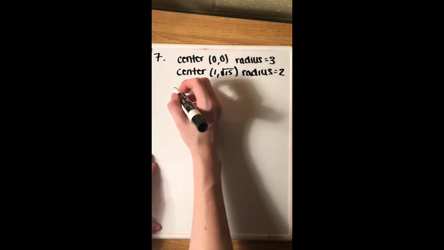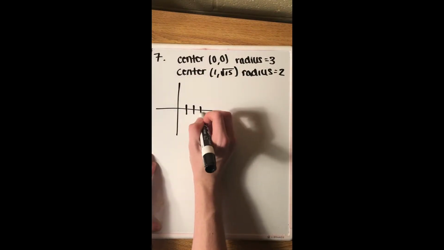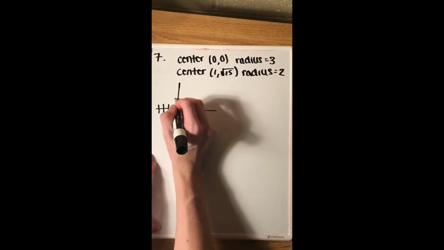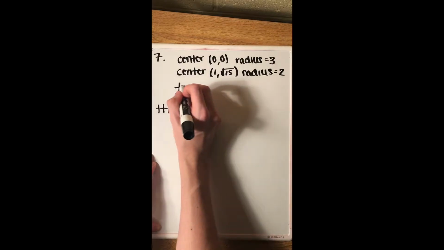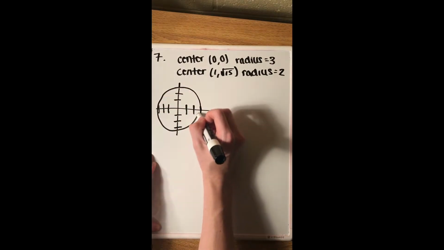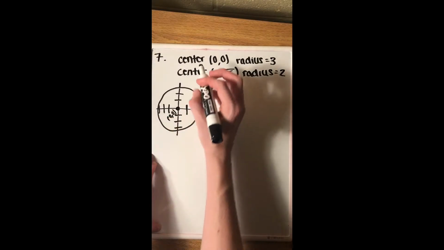So the first thing that I did was I drew a picture. The one centered at 0, 0 has a radius of 3. That's the point 0, 0.